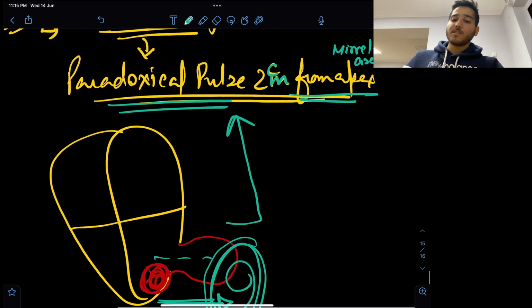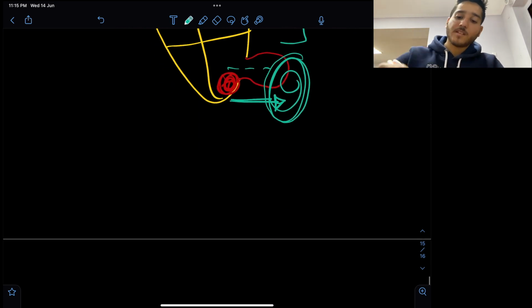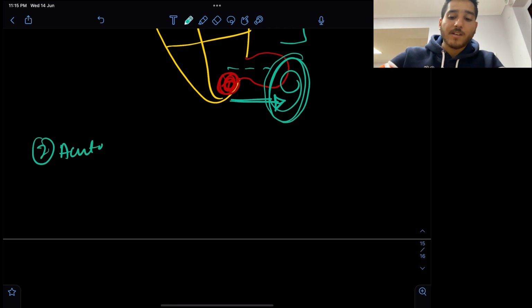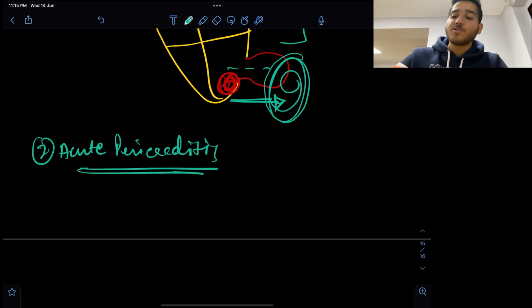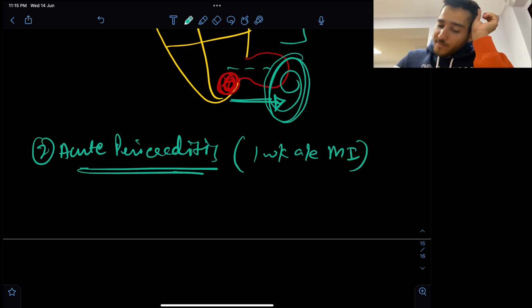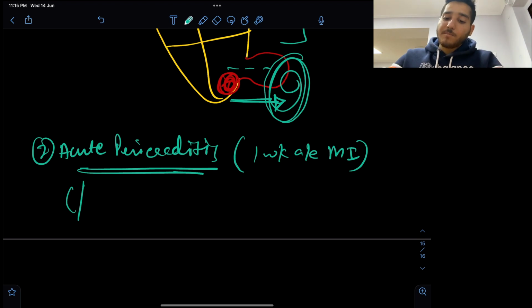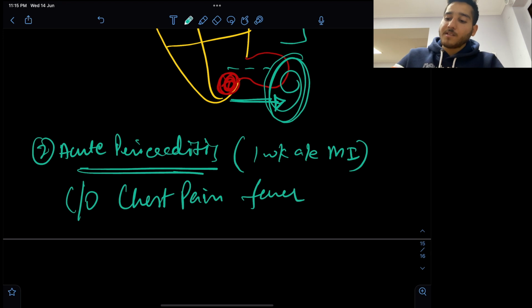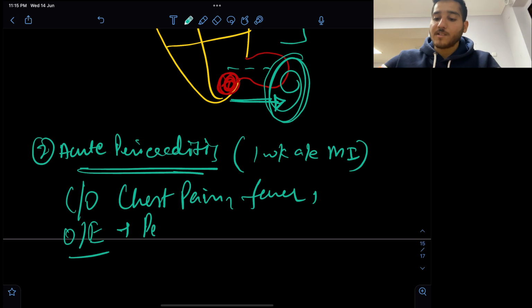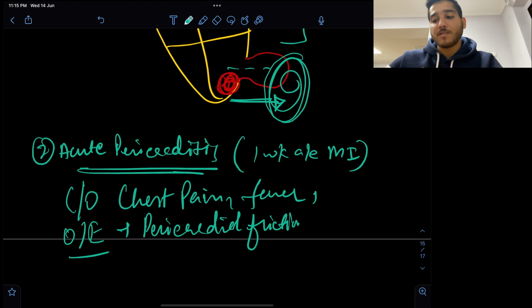Okay, understood this acute left ventricular aneurysm, right? The second complication is acute pericarditis. Acute pericarditis usually occurs 1 week after MI. So after 1 week of myocardial infarction, if we get a patient complaining of chest pain, there can be fever, right? And on objective examination, you will get pericardial friction rub.